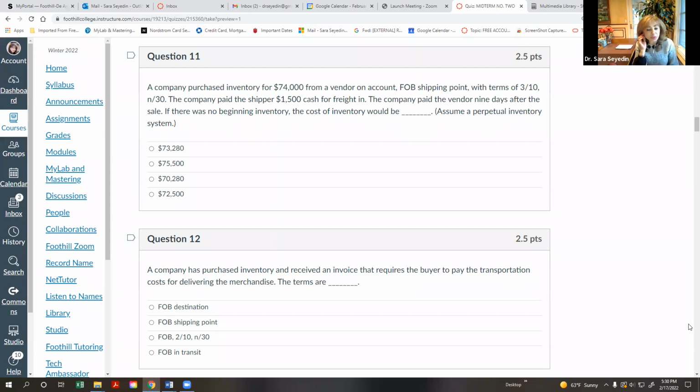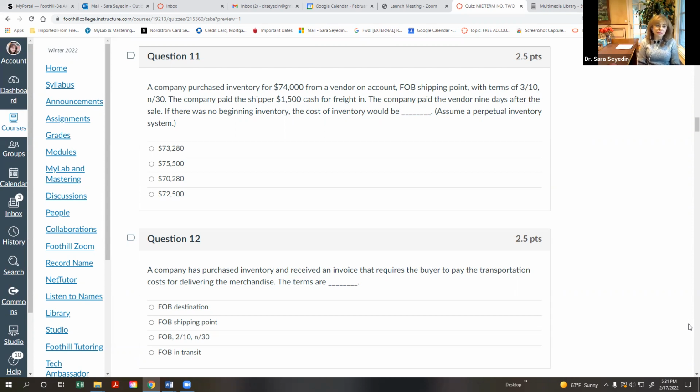FOB shipping point means, if you look at the credit terms and the agreements for when we purchase, that the buyer pays for transportation charges. So if you buy something from Amazon and Amazon says you have to pay for shipping charges, that's called FOB shipping point.